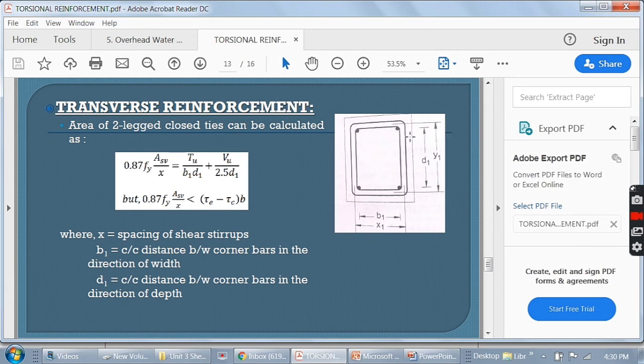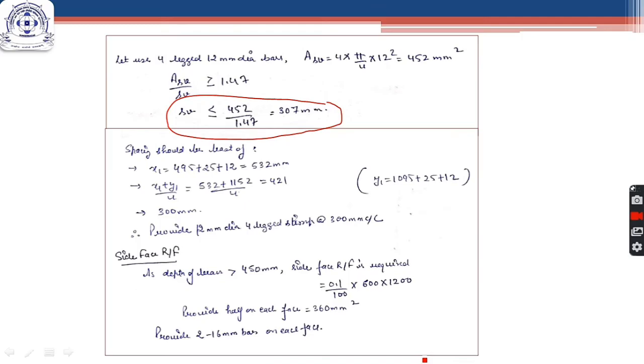We have to deduct the necessary dimensions to get the values of x1 and y1. So one SV value we have got from here. First, that SV should be less than this.